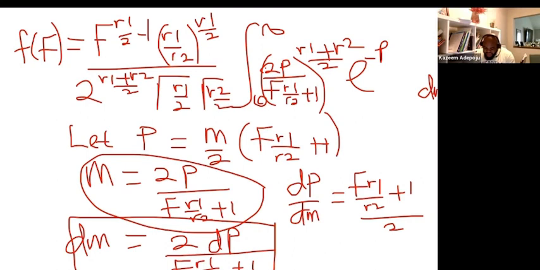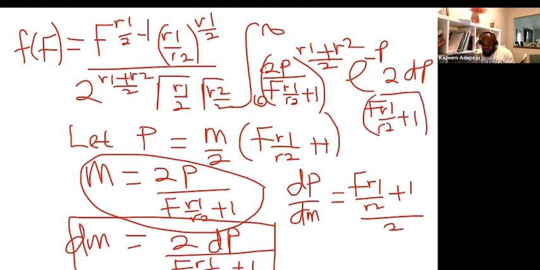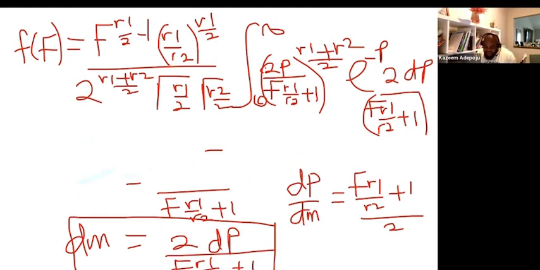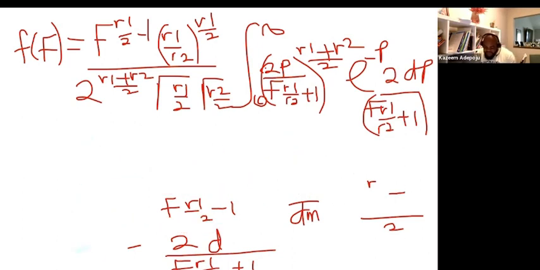And instead of the dm, I'm going to have 2 dp divided by f r1 r2 plus 1. Take a look at what I have now. It's taking shape. Then I'm going to clean up this guy now.